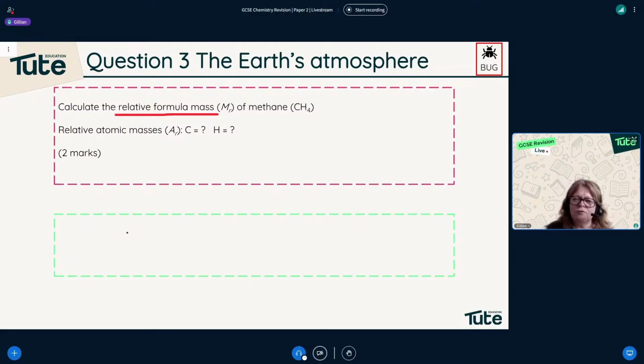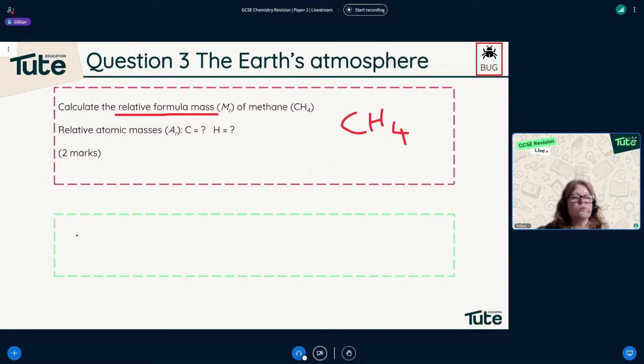So what is the relative formula mass? Given that symbol MR, the relative formula mass of a substance is the sum of the relative atomic masses of the atoms in the numbers shown in the formula. So we can see that the chemical formula of methane is CH4.